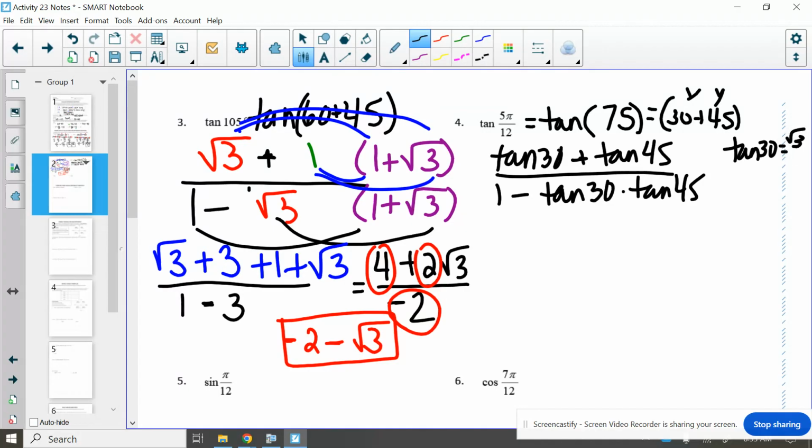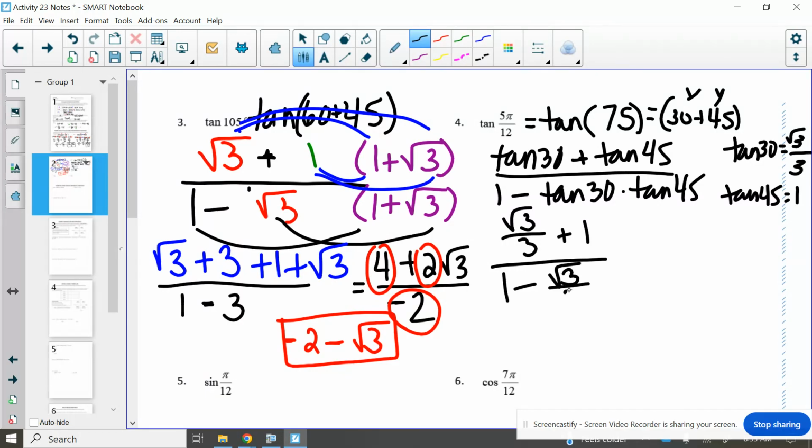After we rationalize, it becomes square root of 3 over 3. Tangent of 45 is just 1. So when we plug this in, we end up with root 3 over 3 plus 1, and then square root of 3 over 3 times 1 would just be square root of 3 over 3.